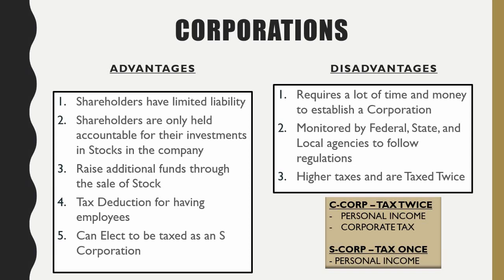Number 3, raise additional funds through sales of stock. The number one thing is, if a corporation needs to increase its money, how does it do that? Well, besides selling their products, they can do that by increasing their stocks. Oftentimes when you see a corporation wanting to sell stock, it's because they're running out of money, or usually they have a 2-for deal.